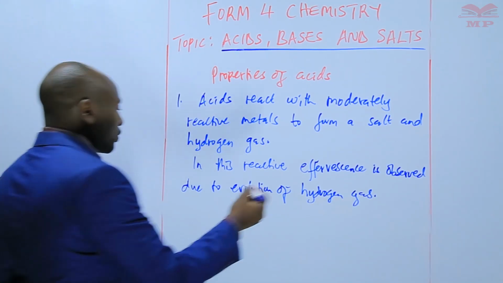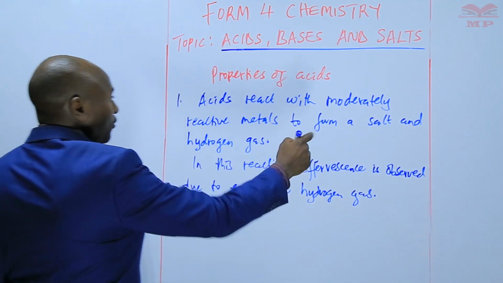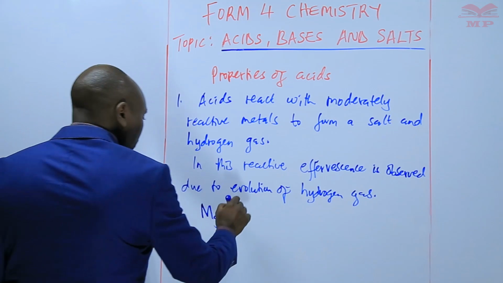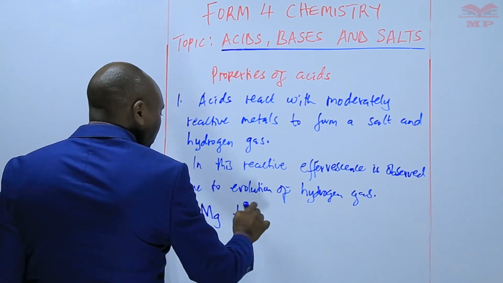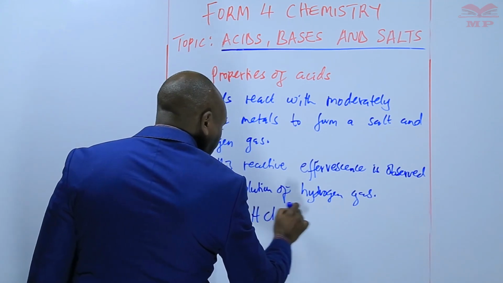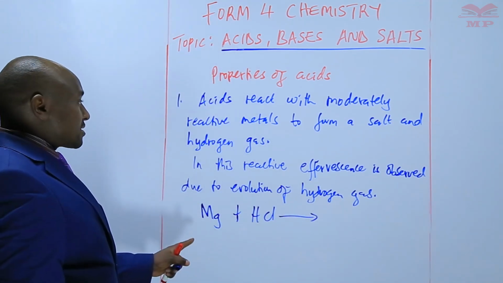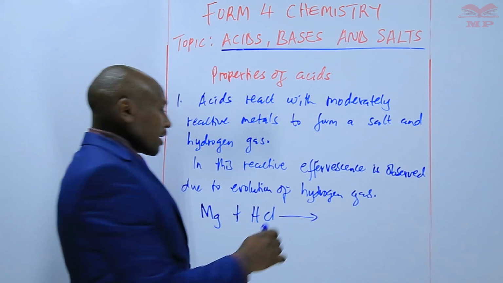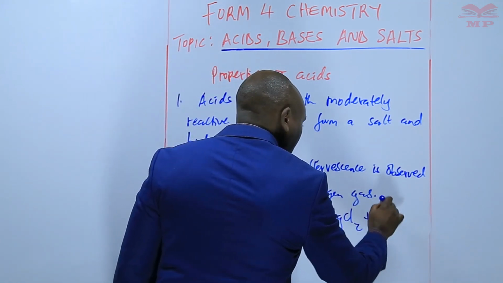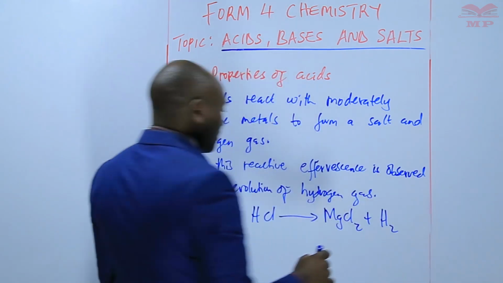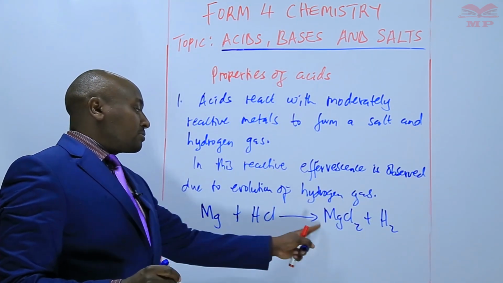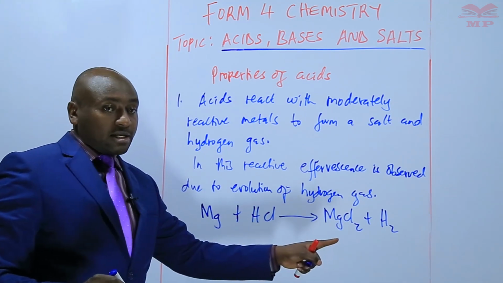Now, we'll take some examples of a metal such as magnesium reacting with dilute hydrochloric acid. And on this, we get magnesium chloride, which is a salt, plus hydrogen gas. So magnesium plus hydrochloric acid, we get magnesium chloride and hydrogen gas.